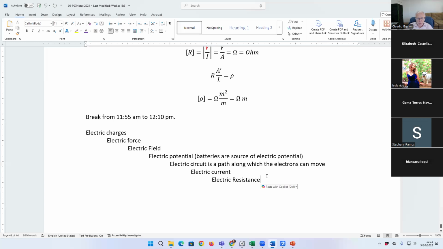In addition to the concept of electrical resistance, the current, we also have resistivity, right? Electrical resistivity. We can place that right in here. And so let's start with some examples.